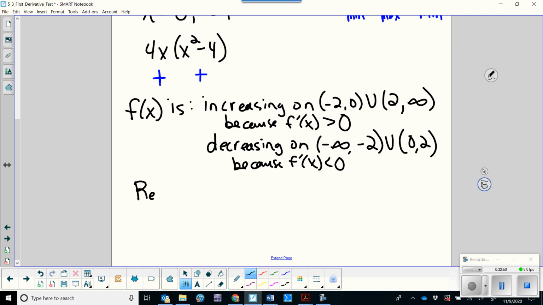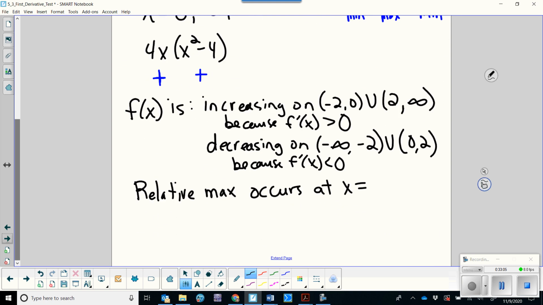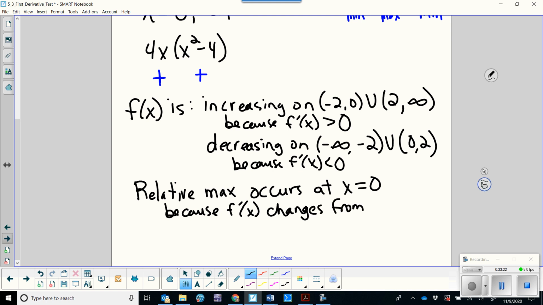You would say a relative max occurs at x equals, and we look back to our chart, relative max was only at 0, at x equals 0, and our reason is because f prime of x changes from negative to positive here.